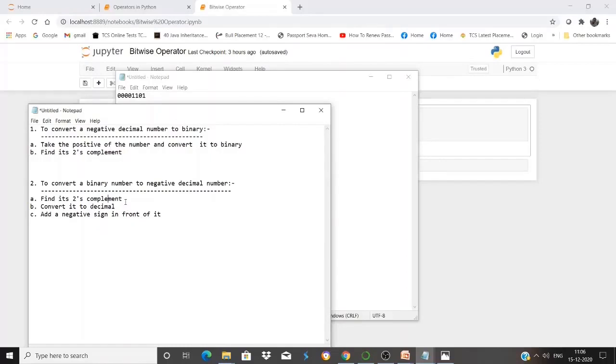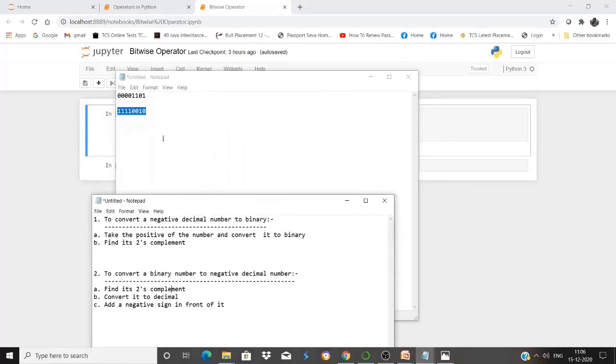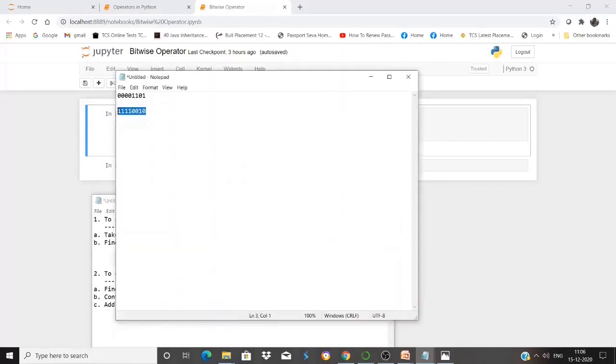First we have to find the 1's complement of this binary, and to find the 1's complement we again simply flip the bits of the binary like this: 00001101. Now we have found the 1's complement of this number.